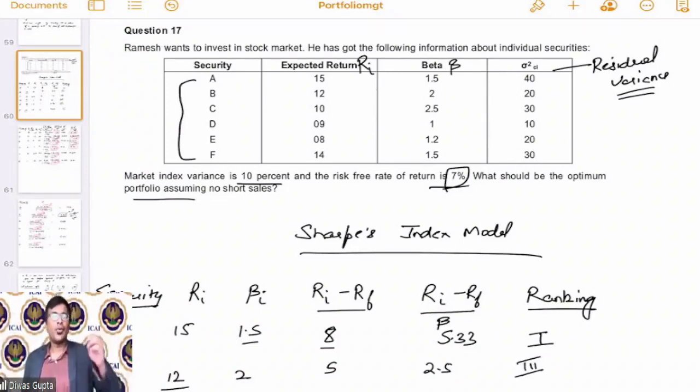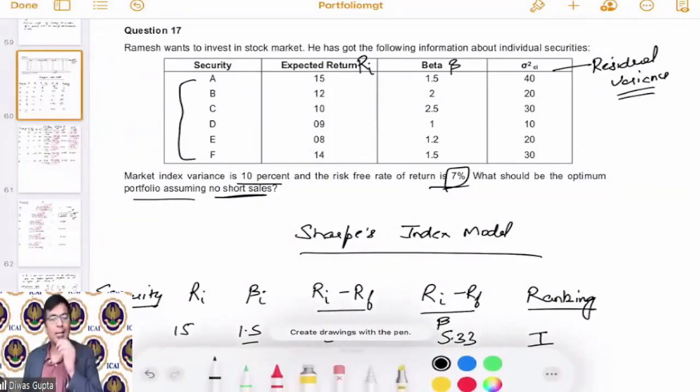So you are going to short sale, and then also you can create a lower risk portfolio. But that is not what the question was asking, that you don't have to assume any short sales, correct? You just simply have to do those Sharpe's optimum portfolio steps and arrive at a solution.